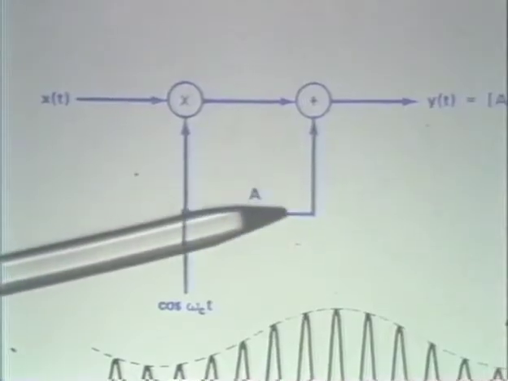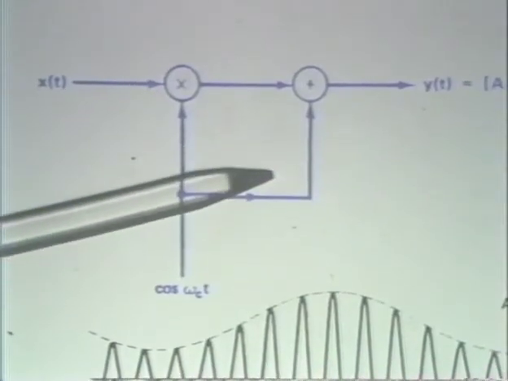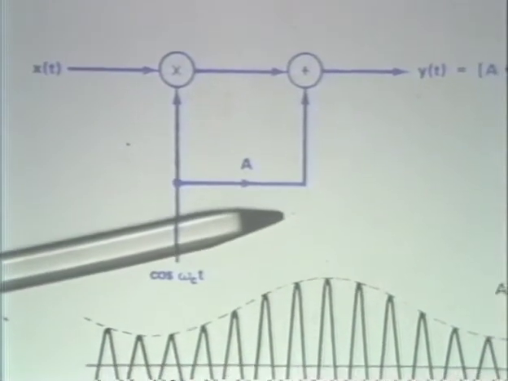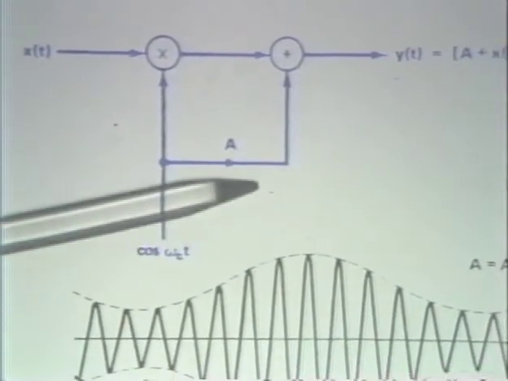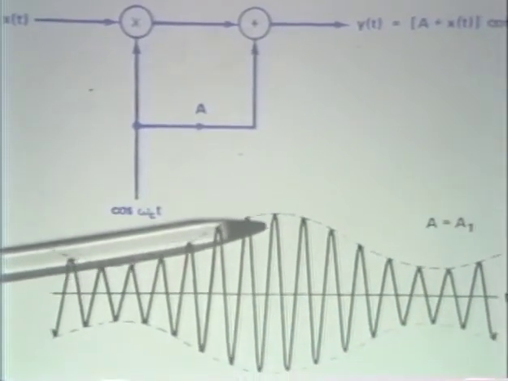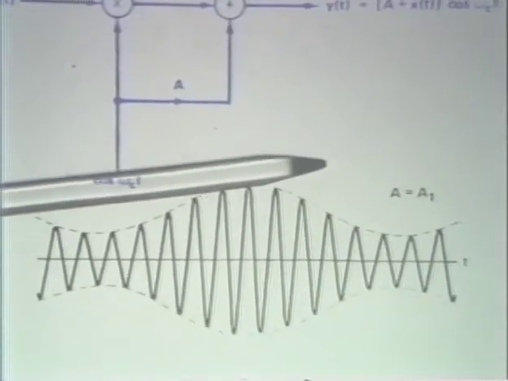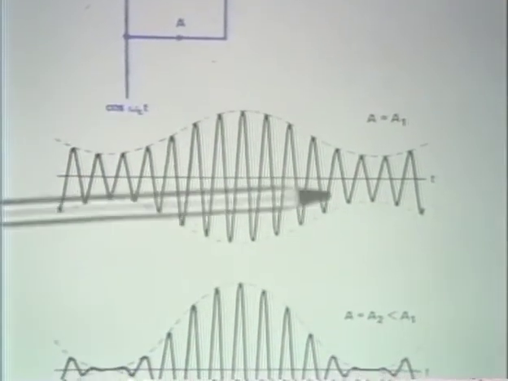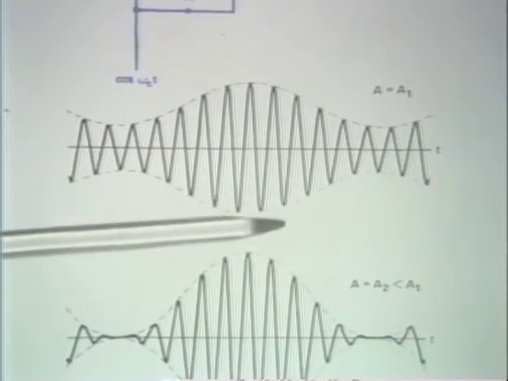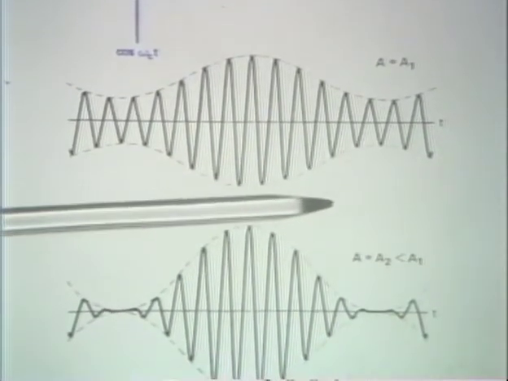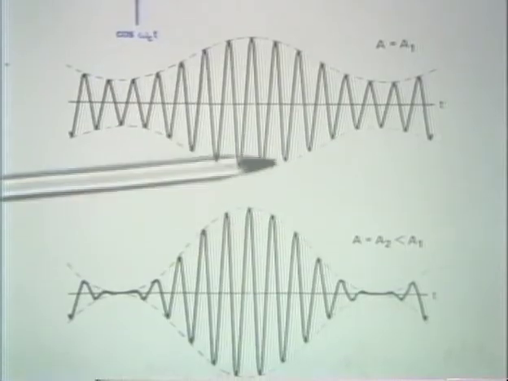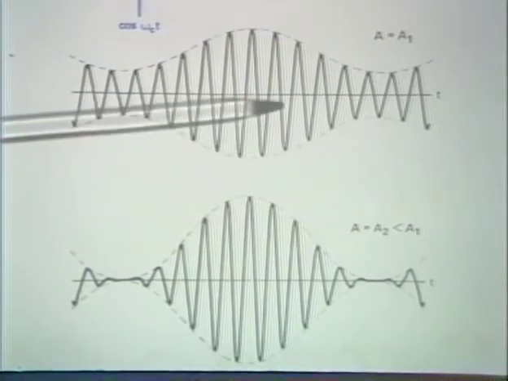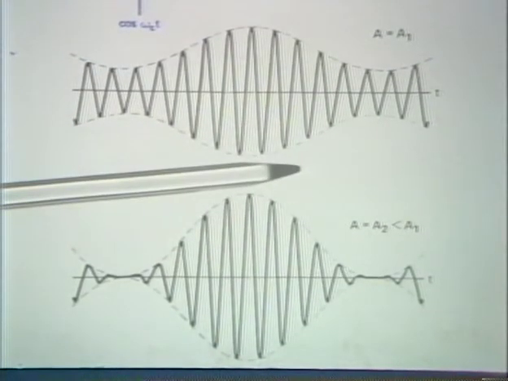And depending on exactly what this value A is will influence what the envelope will look like. And I indicate below two possibilities. One is where I've made A fairly large, and one is where I've made A significantly smaller. There are both positive and negative issues associated with whether A is too large or too small.